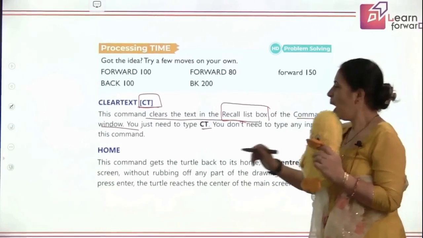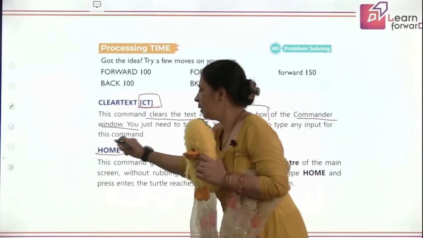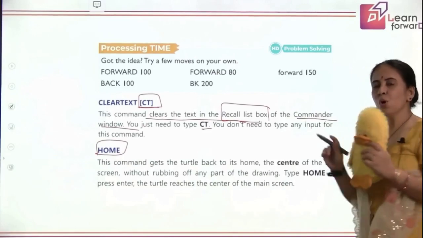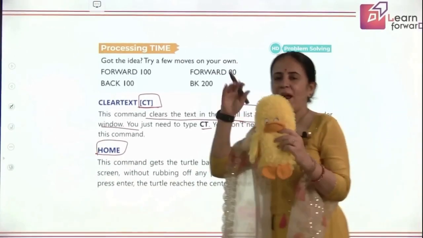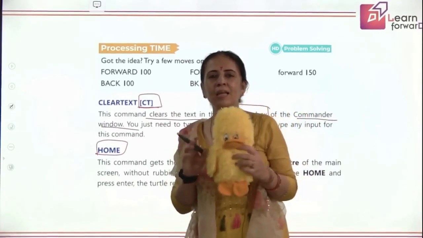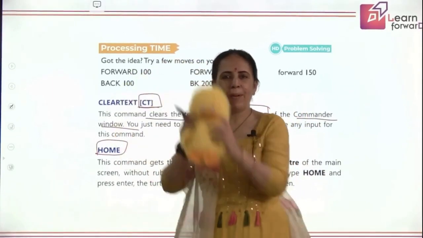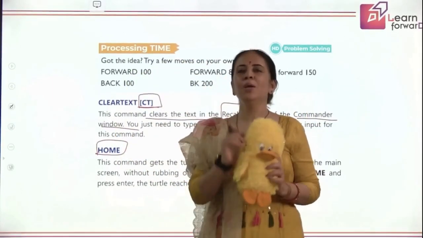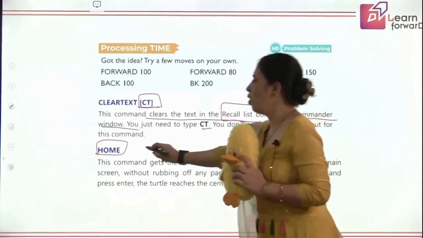Right? Now we have another command, that is home. You know, the turtle keeps on moving left, right, up, down, anywhere you want. And if you want the turtle to come back to the original position, you have a command that's called home.